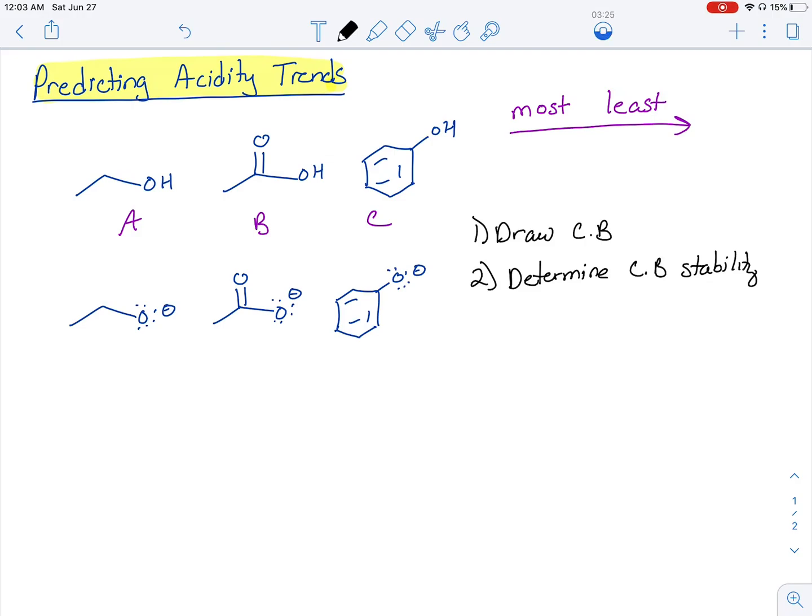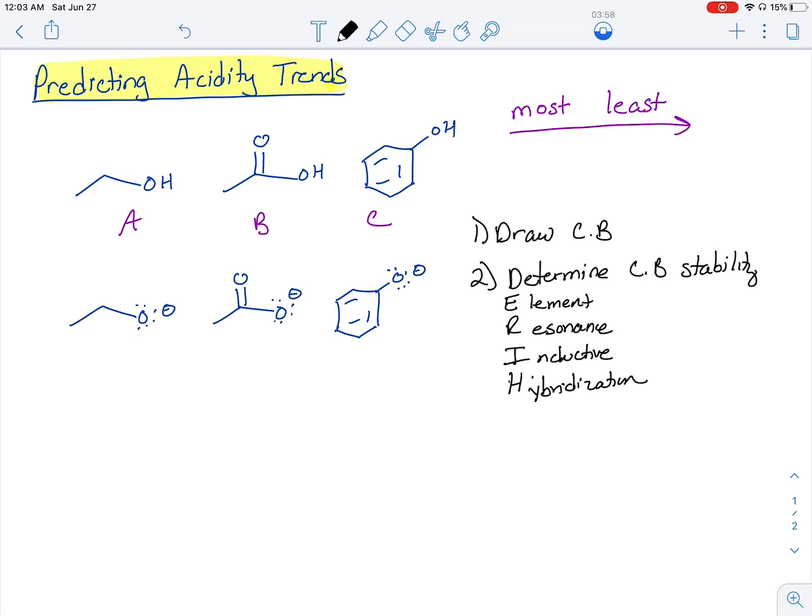We remember from Organic 1 how to determine conjugate base stability, using the acronym HIGHER, but backwards here. So we would say higher. The first thing we should look at is the element effect, followed by resonance, followed by inductive, followed by hybridization, in order of their significance, element being the most important.